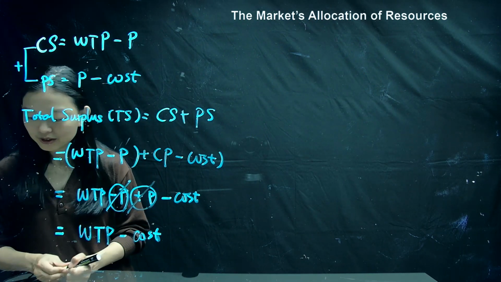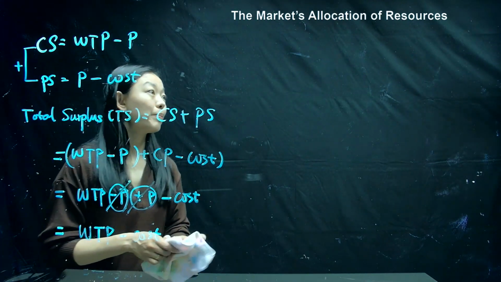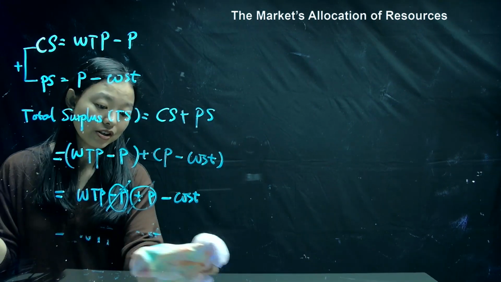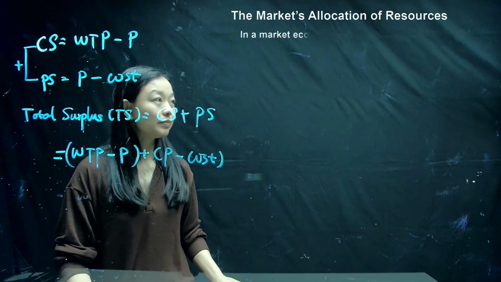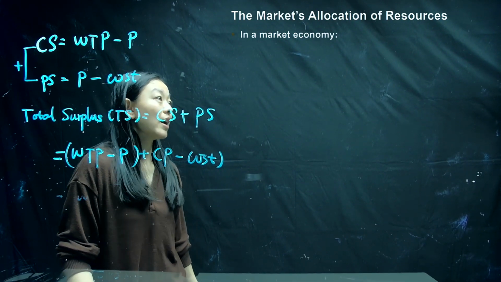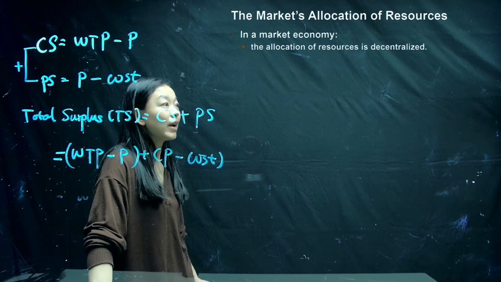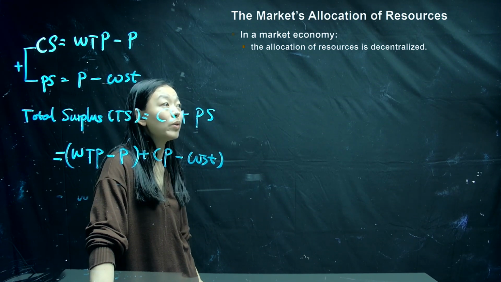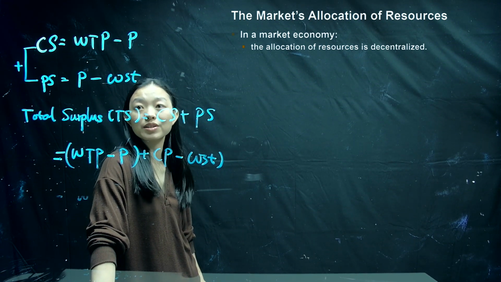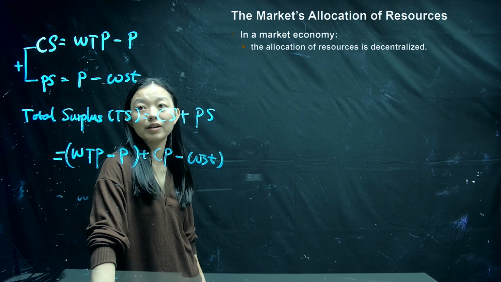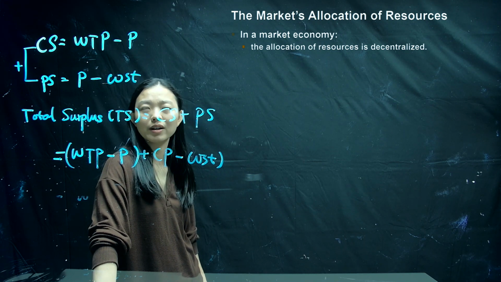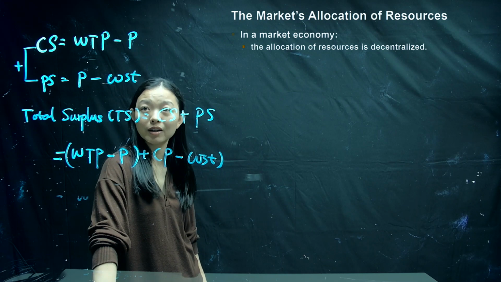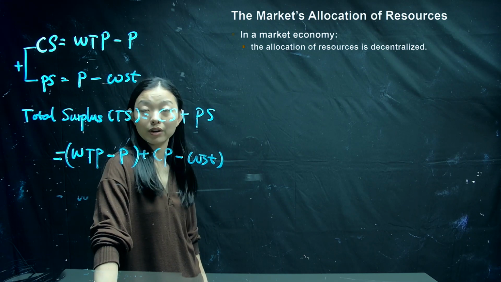And then finally, let's talk about the third part, the market allocation of resources. In a market economy, the allocation of resources is decentralized. There are some countries in the world whose economy is centralized, especially countries like Cuba and North Korea.